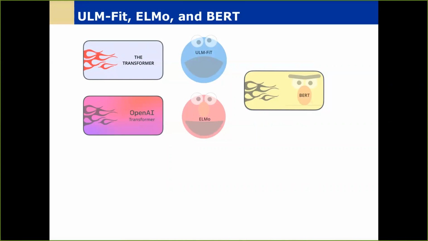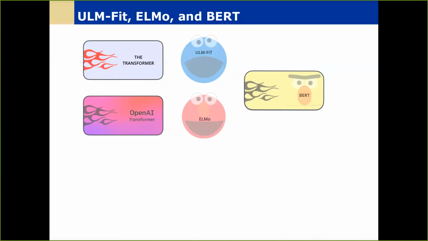This transformer model has been pioneered by Google and used a lot within natural language. The ULMFiT and ELMo models both depend on the transformer for what they do, as does BERT.